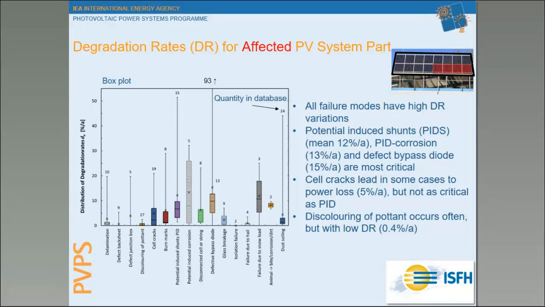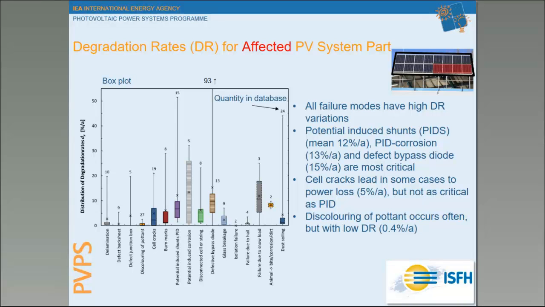It is also possible to calculate a mean value for each of these degradation rates. In figures, if we now look at the PID with respect to shunting, we have a mean of 12% per year, while for PID corrosion it's 13% per year, and for bypass diode 15% per year.